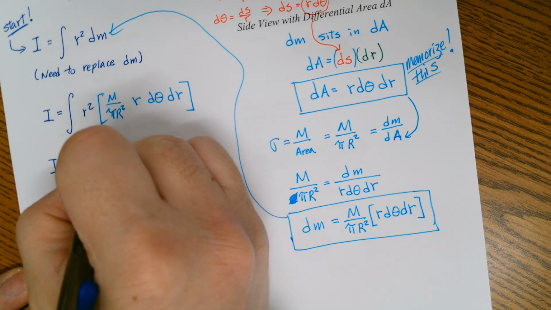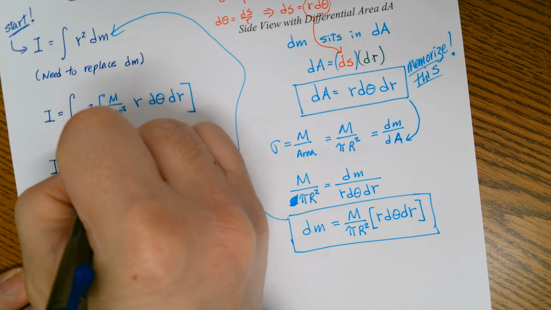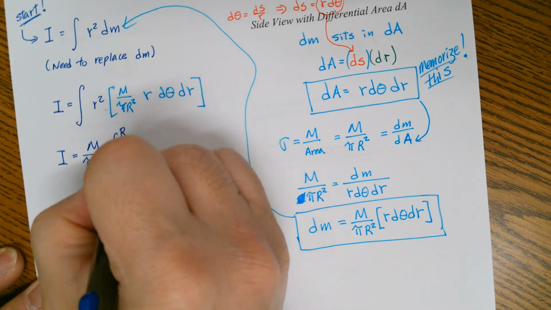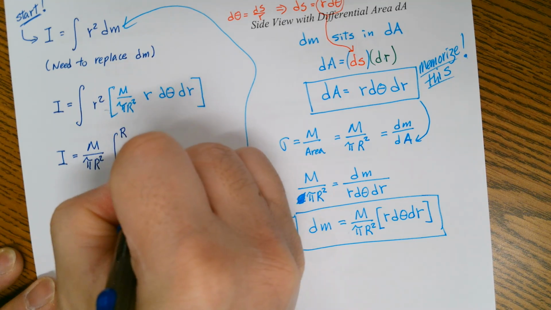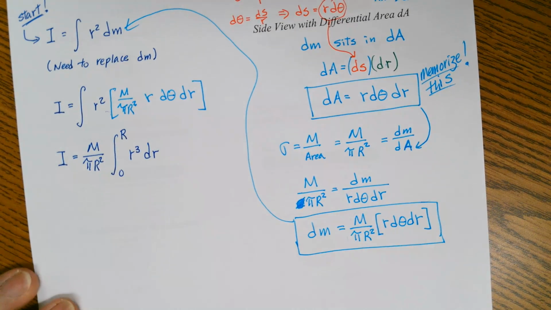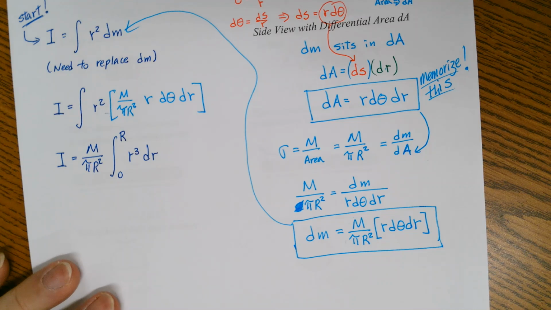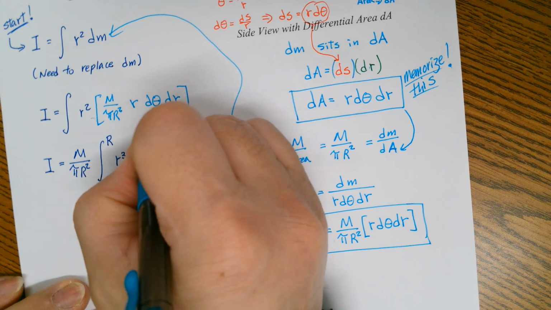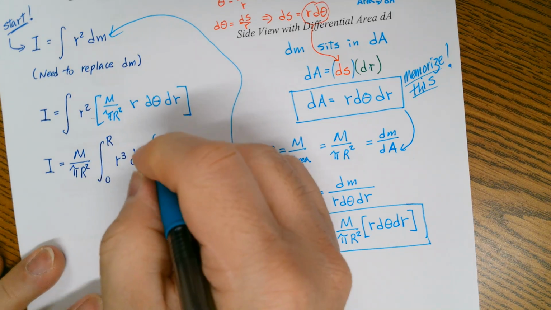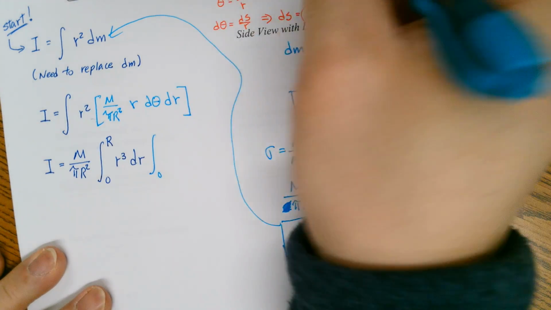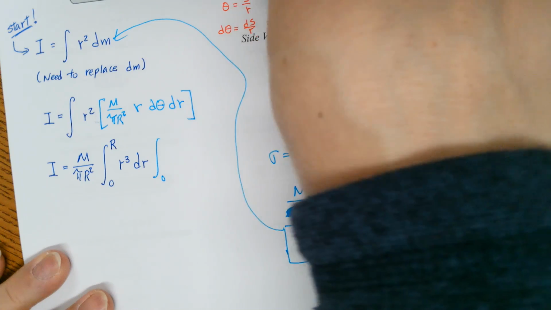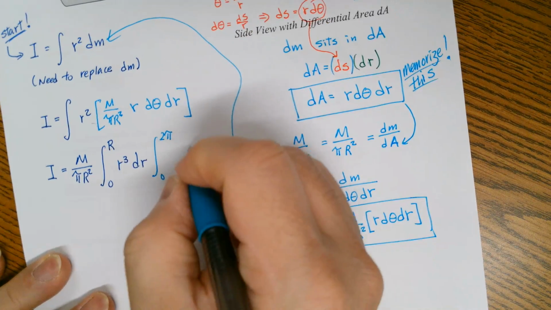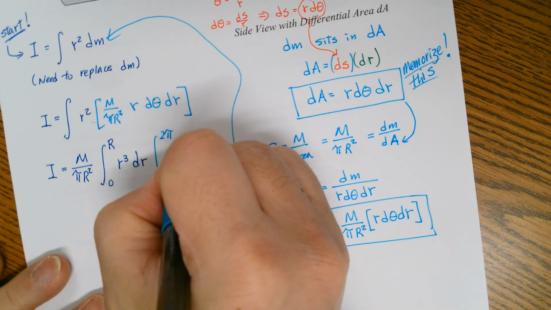And I have the integral from 0 to r of r cubed dr, times the integral from 0 to 2 pi, making a complete circle, of just d theta.